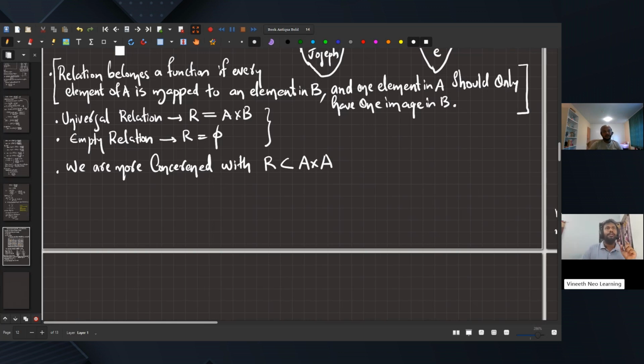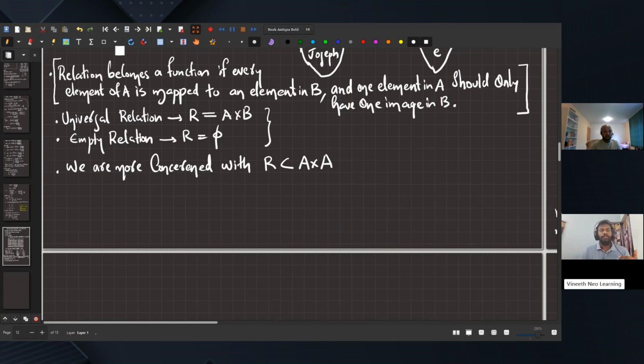There is a drawback if you are going to classify a relation based on whether it is a universal relation, an empty relation, or just a normal relation. It doesn't tell anything about what kind of relationship we are talking about.